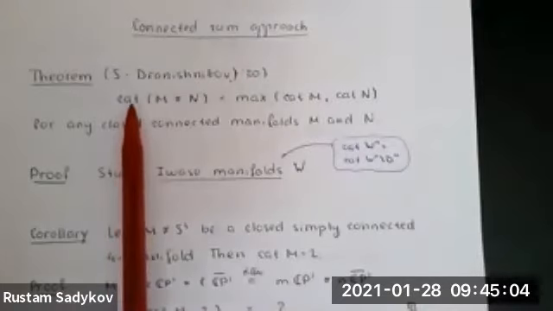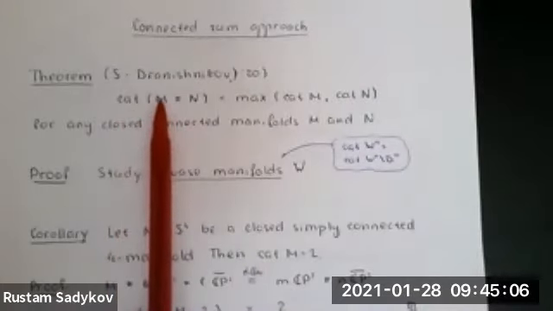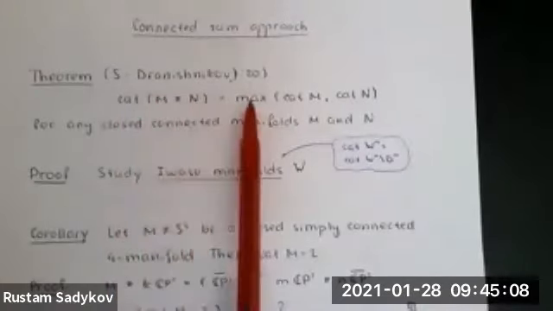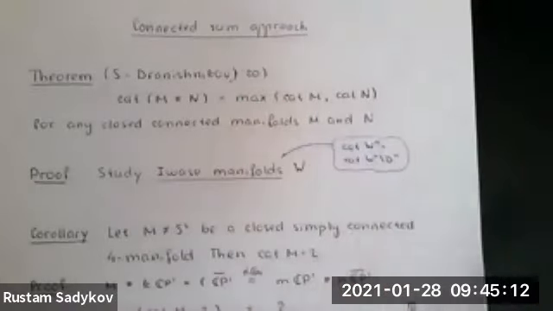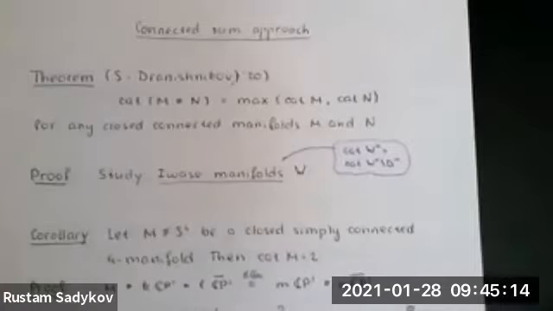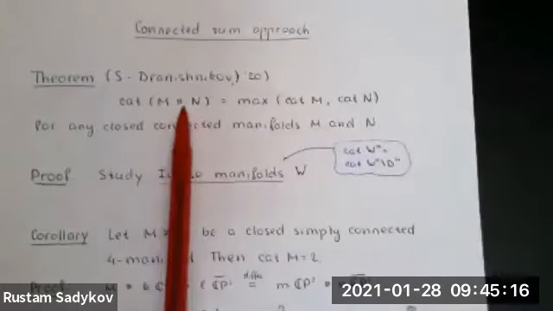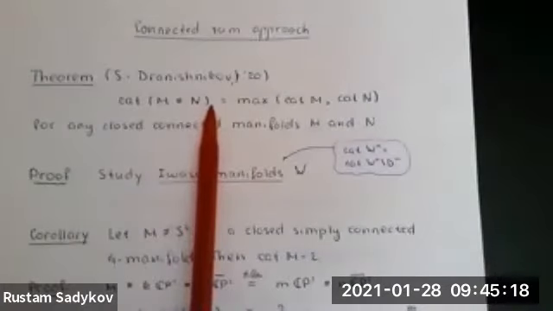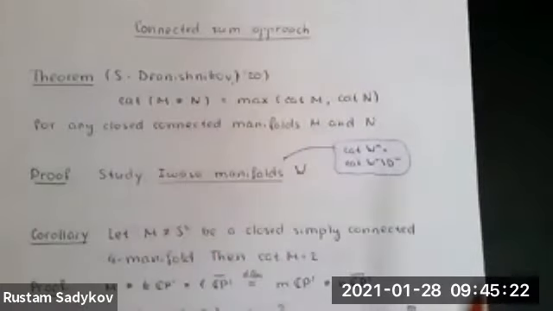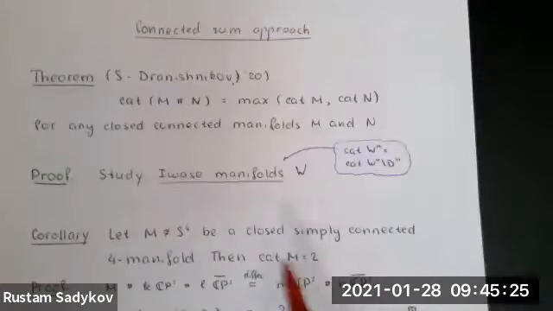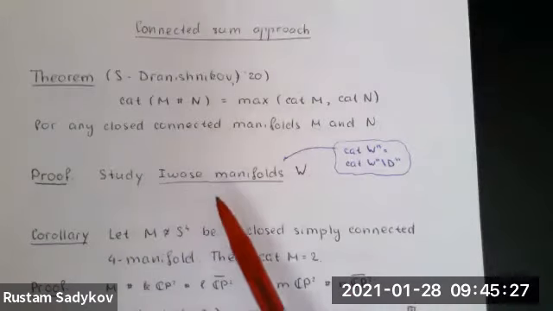The connected sum formula states that the category of the connected sum of M and N is the maximum of the categories of M and N for any closed connected manifolds. We actually proved the theorem for orientable manifolds a few years ago, but for the non-orientable case, we couldn't prove the theorem at that time, and we just recently proved it.